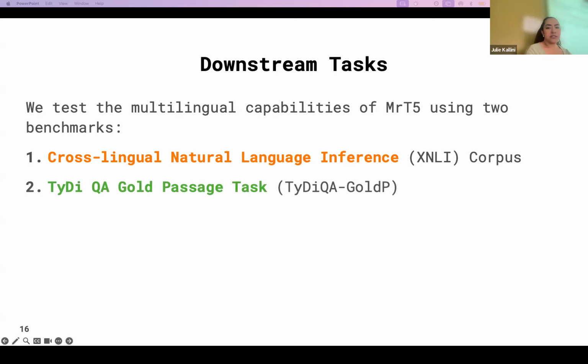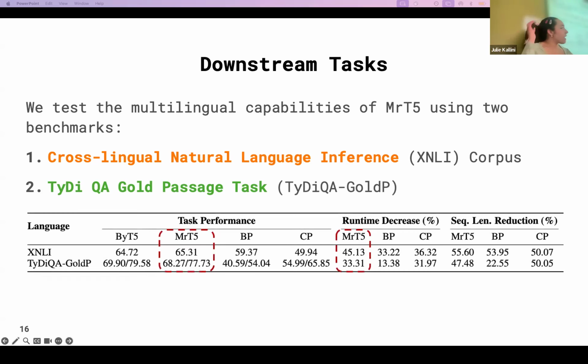And in our second multilingual evaluation, we did TyDi QA. Here, given a passage that is guaranteed to contain the correct answer, the model has to generate the correct answer to the question. And here we have results for Byte-T5, MrT5, and this is the boundary predictor baseline and the convolutional pooling baseline.